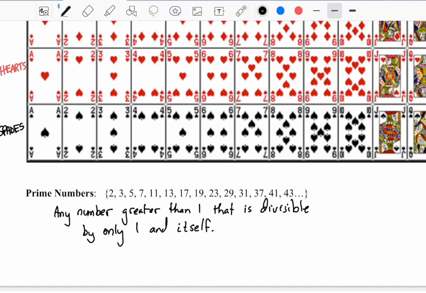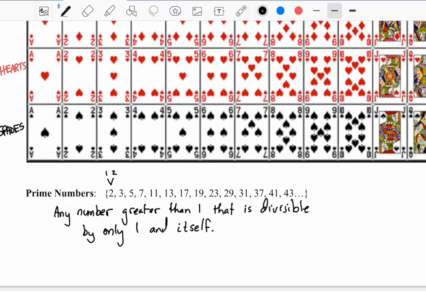All right, so looking at this set of numbers, the number 2 is the only even prime number in existence. You'd look at each one of these values that I have listed. I went up to 43. And you could see that you're only going to be able to divide evenly into those numbers if you use the number 1 and the number itself.